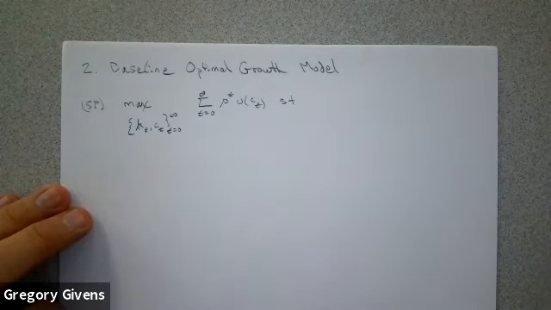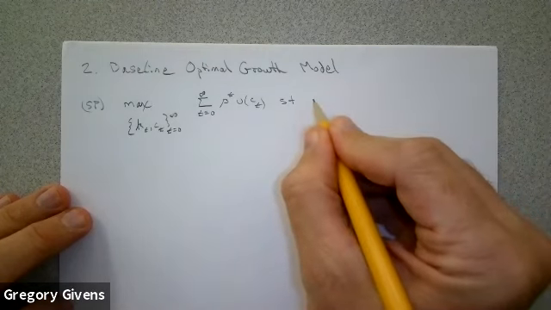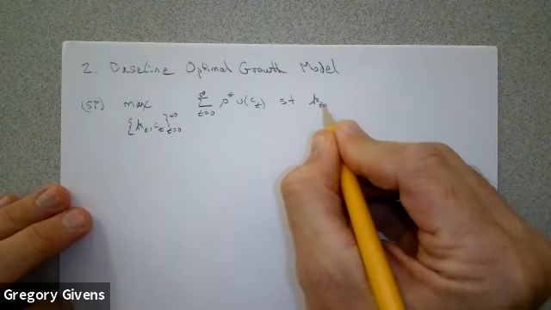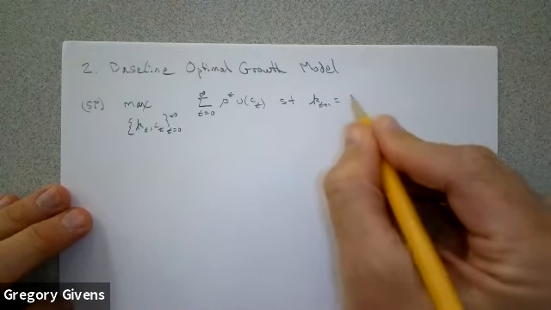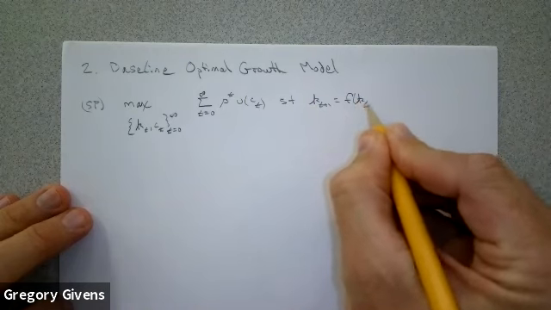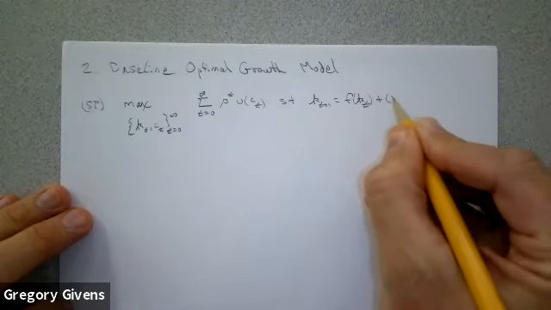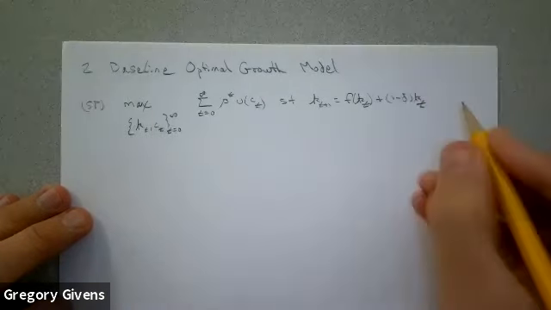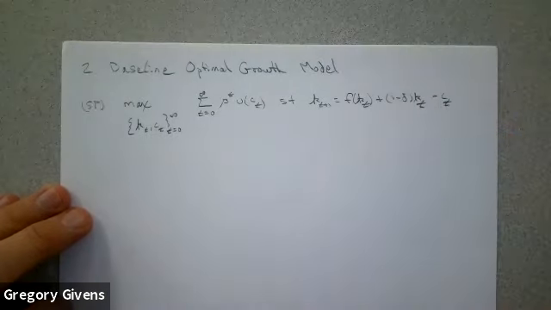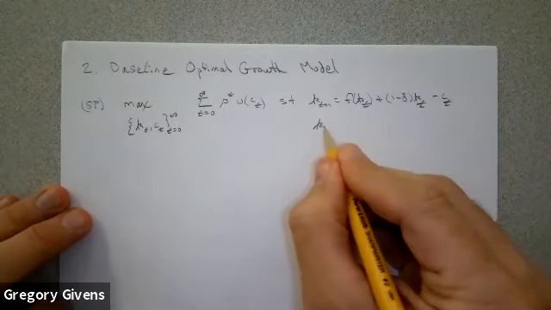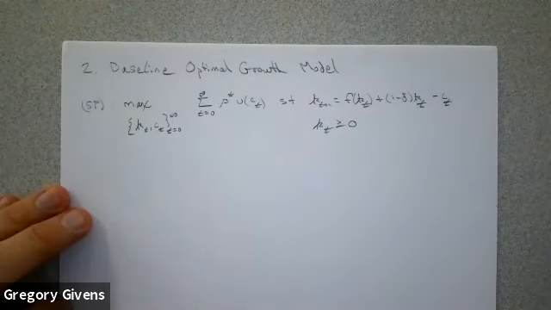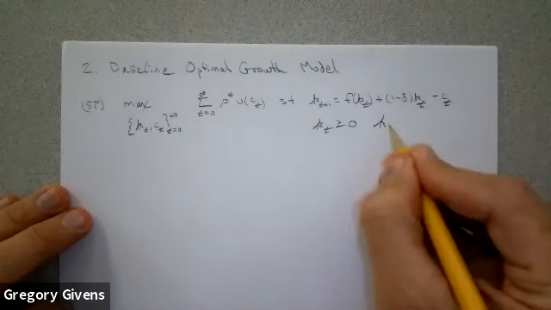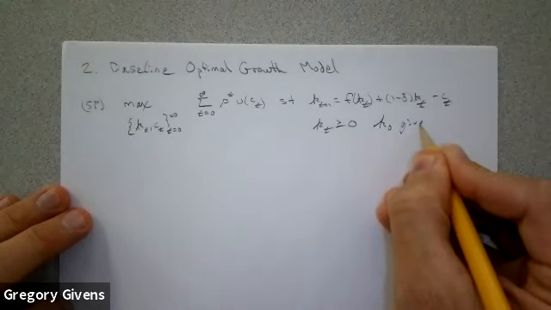Now what does the resource constraint look like for the planner? k_{t+1} is going to be equal to f of k_t plus whatever capital remains after depreciation minus consumption, where k_t has to be non-negative and the initial value of capital is given.